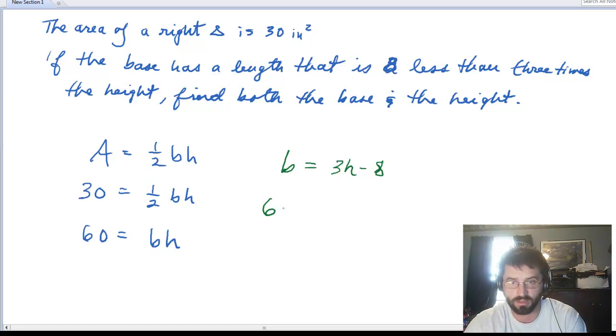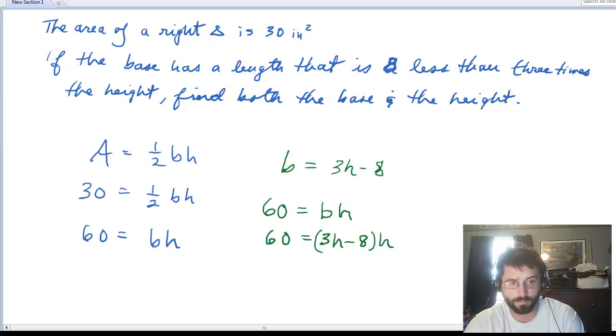So 60 equals b times h, and I'm going to plug this in, b times, oh wait, b is what I'm substituting in for, right? So I'm going to plug in what? In here I'm going to have 3h minus 8 times h equals 60.